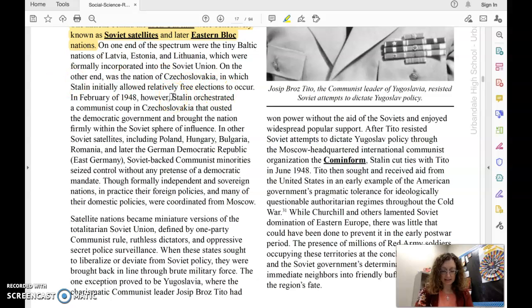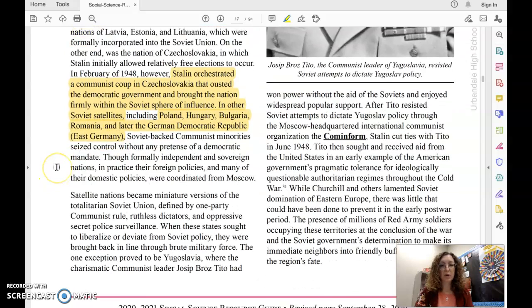And Stalin says, we're going to start controlling these nations. So Stalin has some coups happen. Czechoslovakia, he succeeds in ousting a democratic government. And so immediately Czechoslovakia is part of the Eastern Bloc under the control of the Soviet Union.